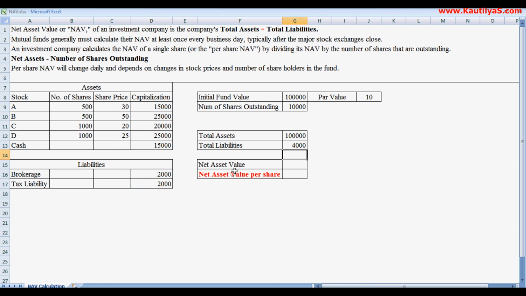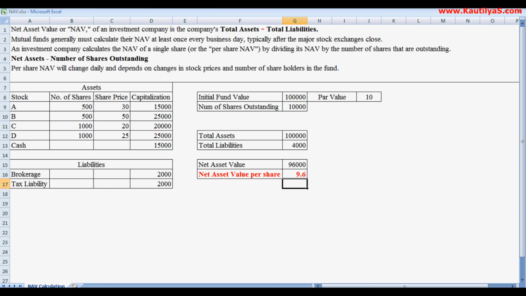Next, net asset value. So total net asset value is total assets minus total liabilities. So net asset value is 96,000 and net asset value per share equals net asset value divided by number of shares outstanding. So net asset value per share is 9.6 rupees in the beginning.